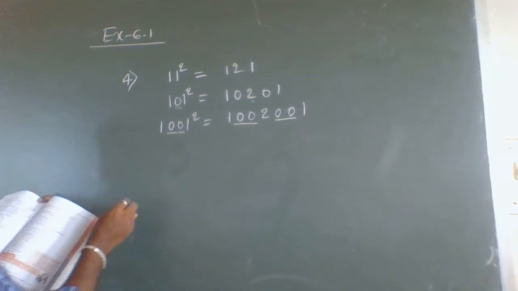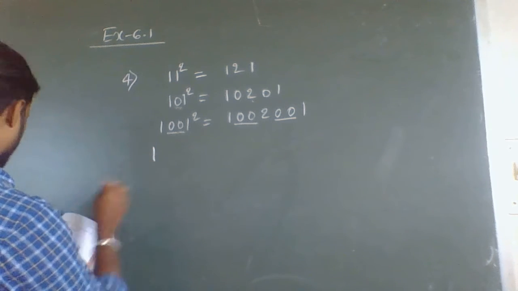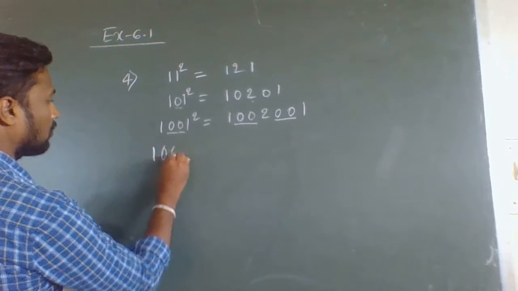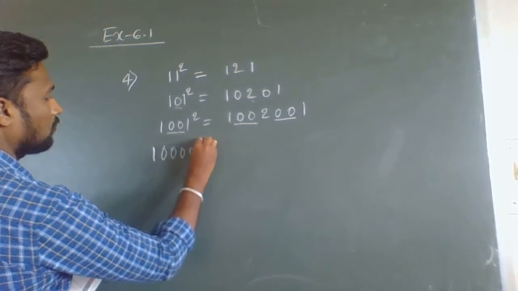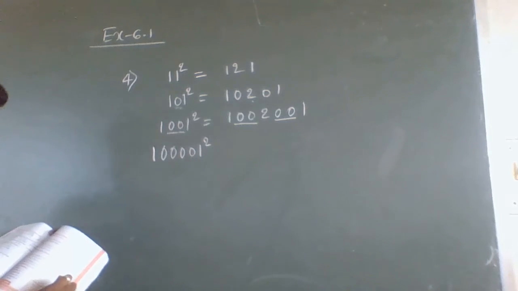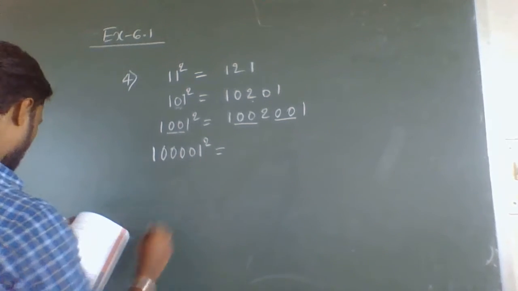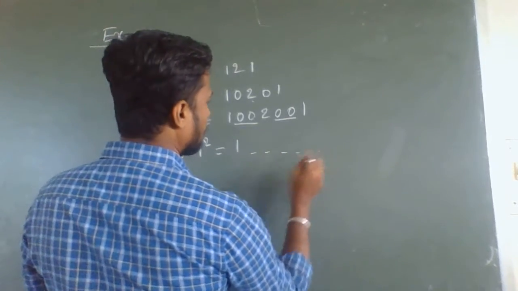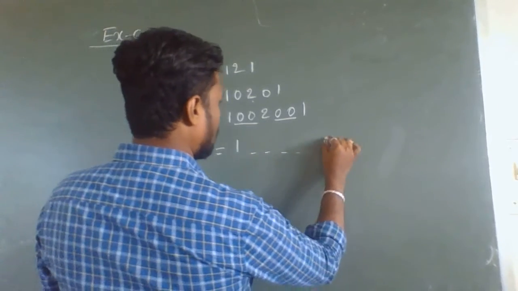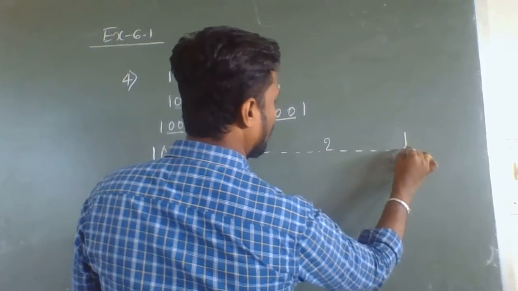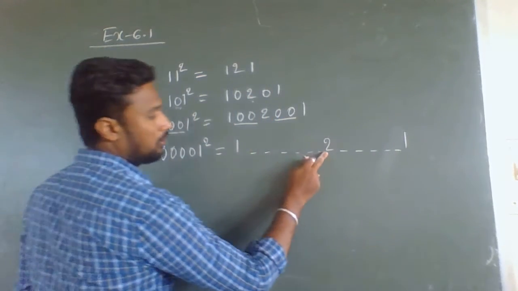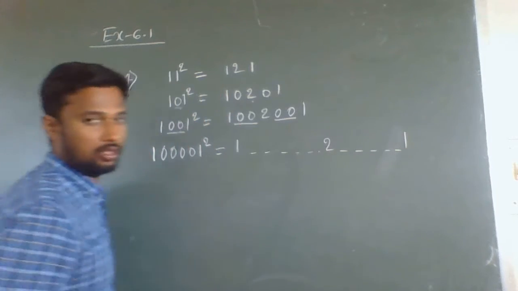So below this they have given 1, after 1 they have given 4 zeros, 1, 2, 3, 4 and 1, square. And this is equal to, they have given 1 dash 2 dash 1. So here they have given 1, in the middle they have given 2, and after that they have given 1.